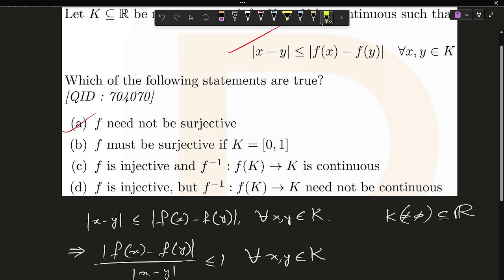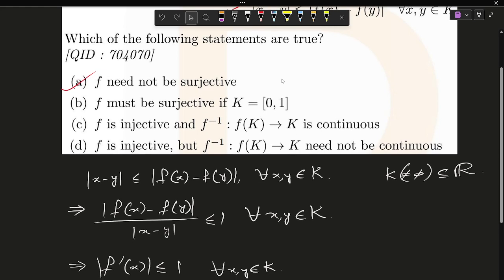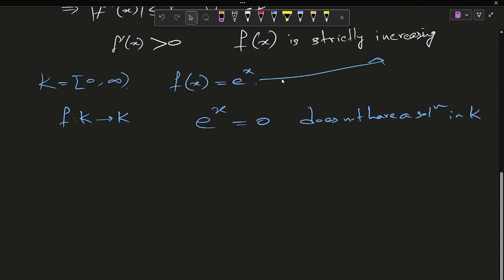Now we will think about option B. They have restricted the domain, so K is now the closed interval [0,1]. What can be done here?